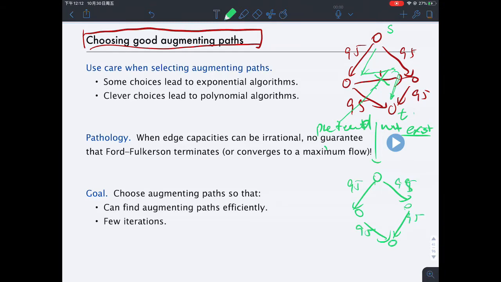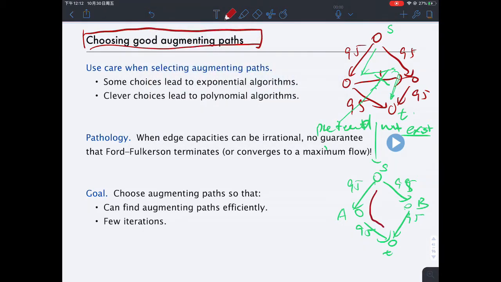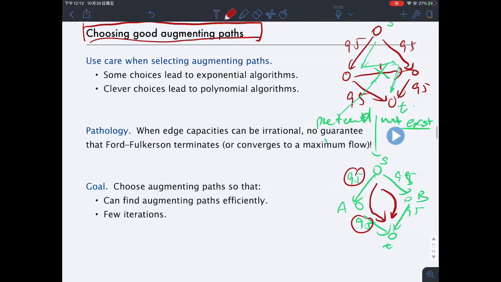Once we pretend this doesn't exist, then all of a sudden the only augmenting path we can choose is one of these two, right? Choosing either one of these two will help us speed up our algorithm a lot, because we are not going to face these silly things where we have to increment our flow by 1 unit at every round, right? So we can increment 95 units in one round. This would be the intuition, right?